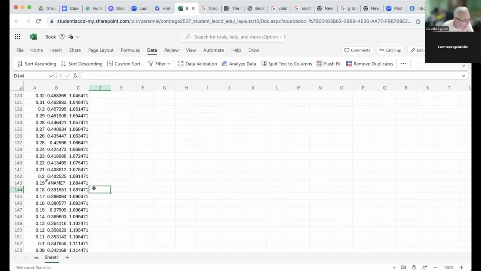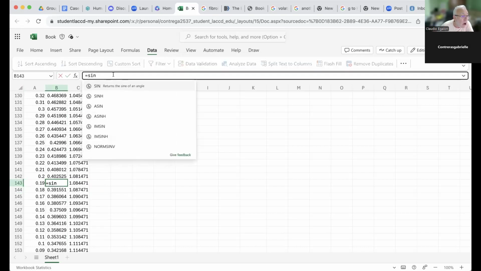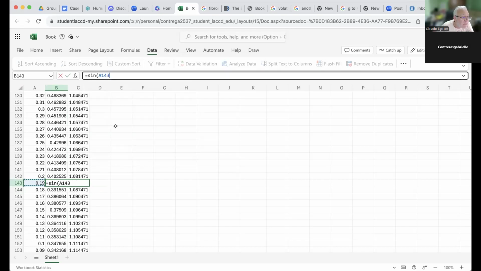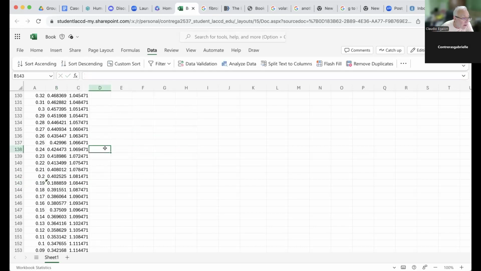Okay. Click in the cell next to it. Yeah, here you go. Now you do sine. Oh, that's good. Open parenthesis. Okay, good. Now you click the cell next to it, 0.19. Good. Close parenthesis. Now return. Okay? And now you have to click and drag all the way up and down.